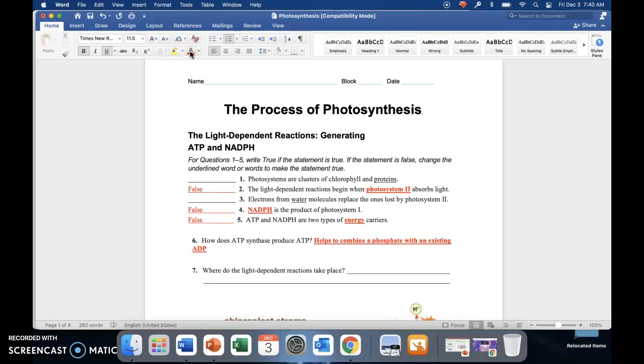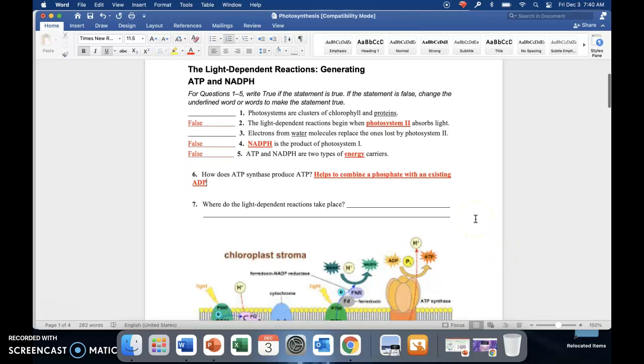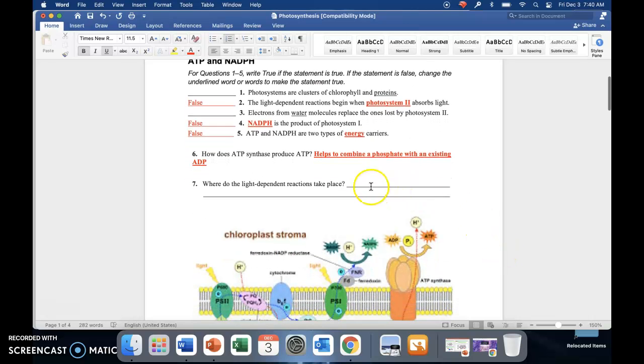So we're taking an individual phosphate, we're joining it to ADP, which already has 2, so now we end up with an adenosine with 3 phosphates, and that is ATP. The majority of the energy in that ATP is found in that last bond where that individual phosphate was joined.